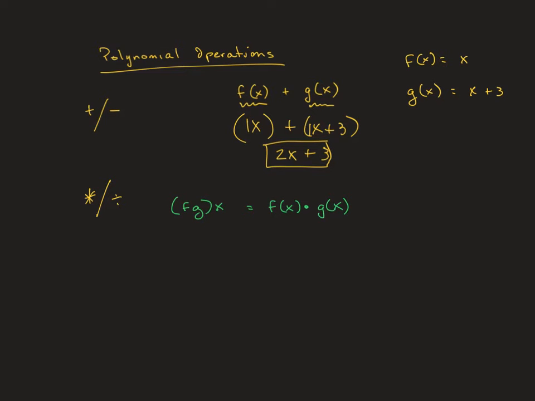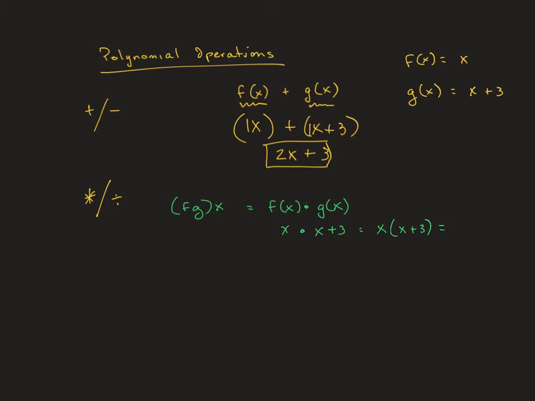If I do my substitution, I'm going to substitute these same things in. f of x is going to be x, g of x is going to be x plus 3, and that is going to give me x times x plus 3. I'm going to write it like this because we know parentheses is going to end up being multiplication. Now when I combine these, I'm going to continue my operations.